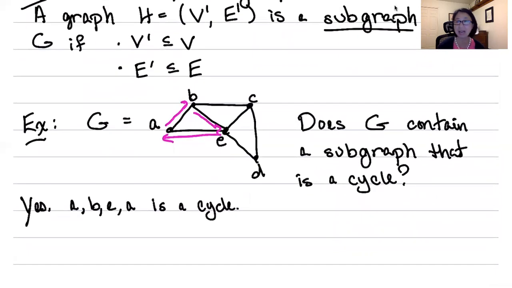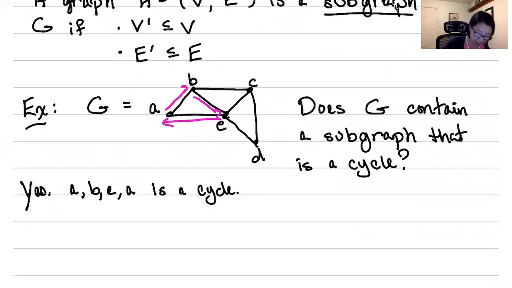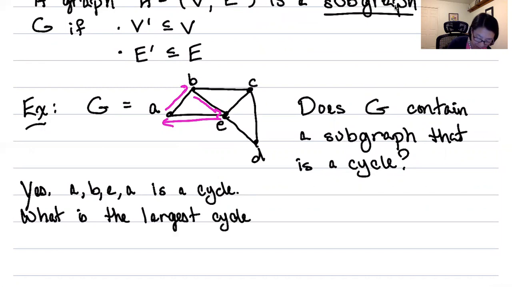Does it contain other cycles? Like we might ask, what is the largest cycle in G? So the largest subgraph that's a cycle in G, let's see, I'm going to use that in blue.